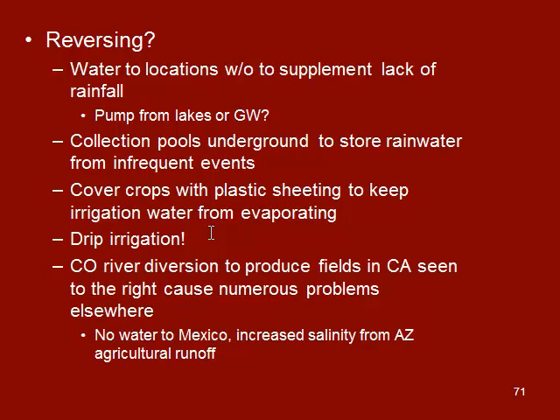We can use various ways to try to decrease the evaporation of that water by using plastic sheets. Maybe storing water underground, storing rainwater, so that in those in-between times when you don't get rainfall, you still have it. That way it's not evaporating away. Various things that we can do, change our habits so that we're not using quite as much water.